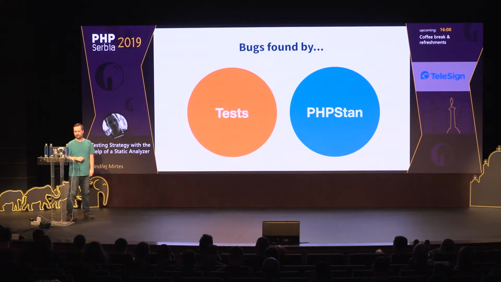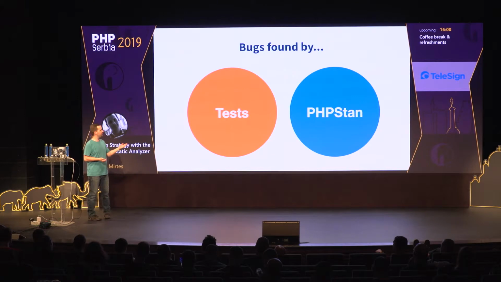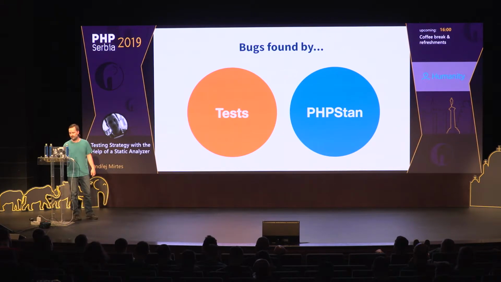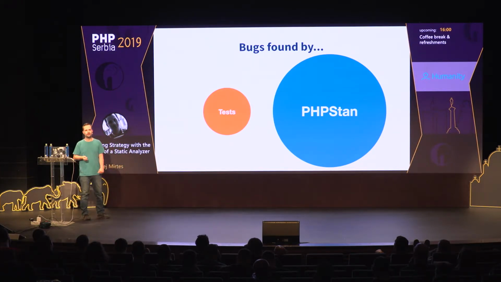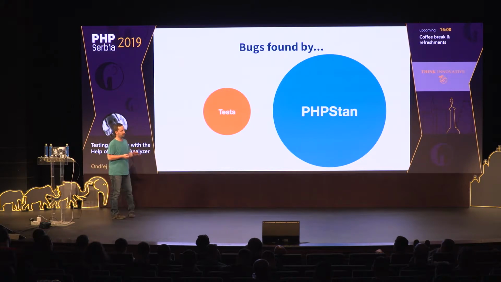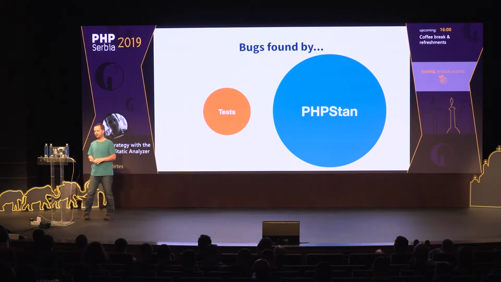Yeah, so static analysis is free, and we can actually move those circles so there is no overlap, and we save some time. And while we are at it, we can help PHPStan understand our code better and better, so it can find even more bugs. So we can even write fewer tests and still have our application as reliable as it should be.